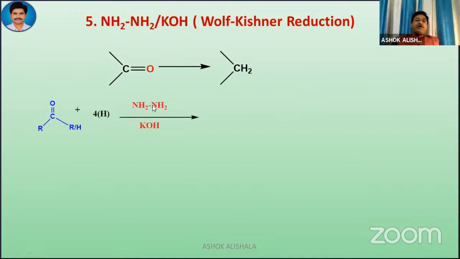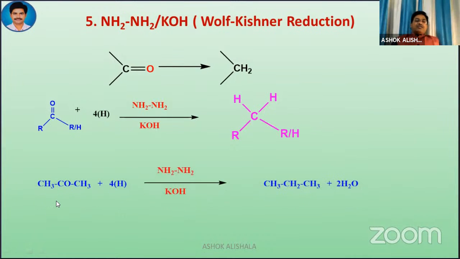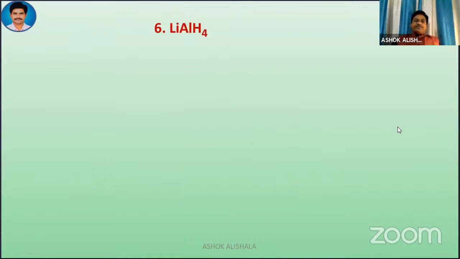See, the same compound in presence of hydrazine and KOH, you will get the same thing: C=O changes to CH2. That is, acetone changes to propane. The very small difference between Clemmensen and Wolff-Kishner is that Clemmensen is in acidic medium, Wolff-Kishner is in basic. The product and the reactants are both the same.